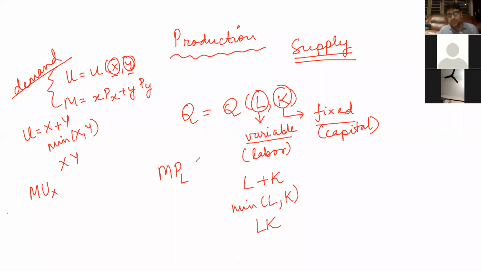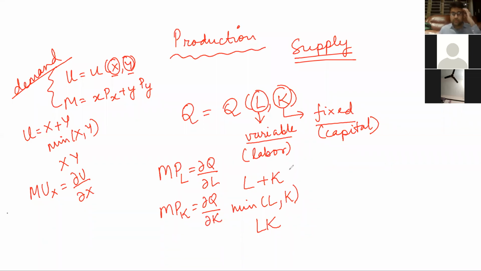What is this? If I increase my labor factor by 1, how much will my production increase by? It's given by del Q del L. And here MUX was basically del U del X. Similarly, I have the concept of MPK, marginal productivity of capital, which is nothing but del Q del K.